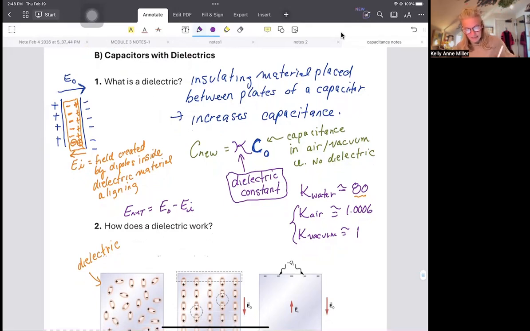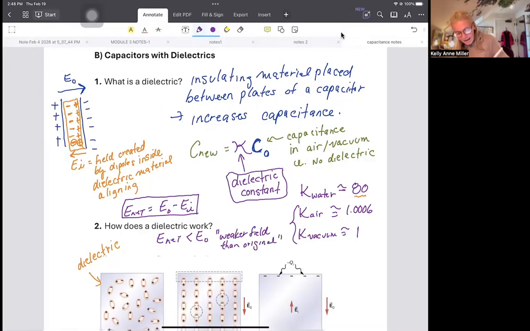The case is that, you can see just from this relationship here, E net is always less than E naught, right? When you put the dielectric in, the dielectric reduces the field created by the plates. So you can think of it as the net field being a weaker field than the original.